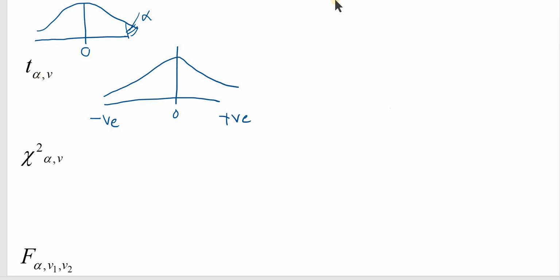So the only difference is now we have V. V is the degree of freedom. How we calculate the degree of freedom is n minus 1, the number of samples minus 1.